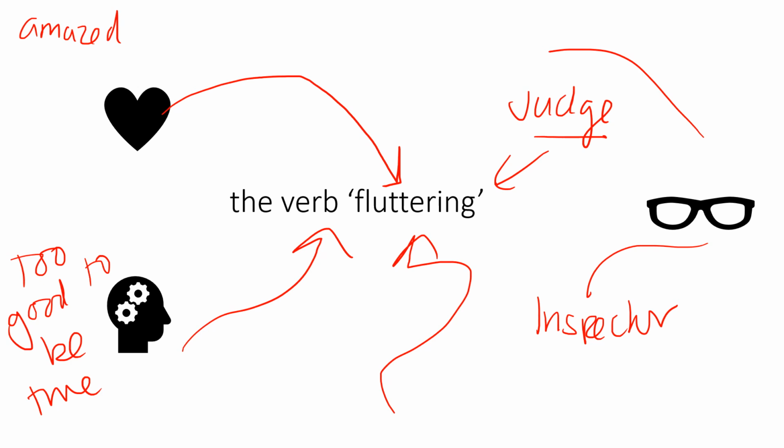Because if you're an inspector, you might have seen something like this before. And so you might see people trying to fool you and trick you. And so he might be thinking that they're pretending, that this is all an act and they're not really this good. It seems to be too good to be true, doesn't it?